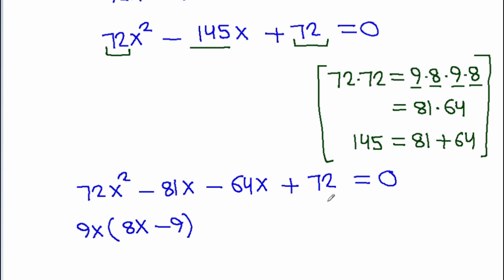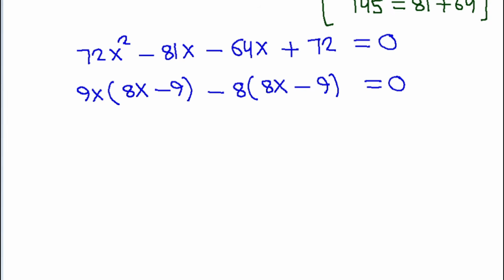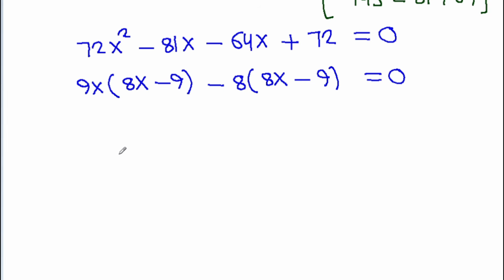And here we can take minus 8 common, and it is 8x minus 9 is 0. And now we can take 8x minus 9 common, and it is 9x minus 8.